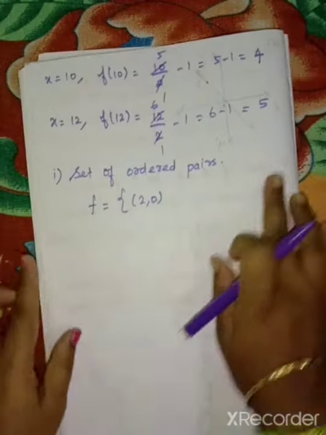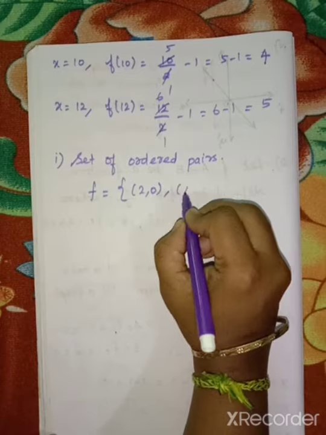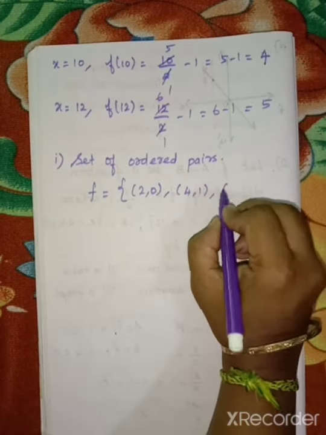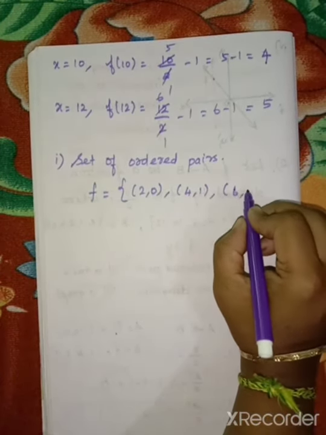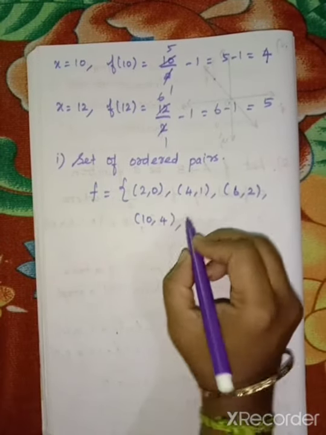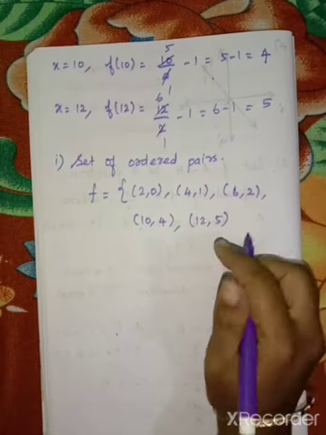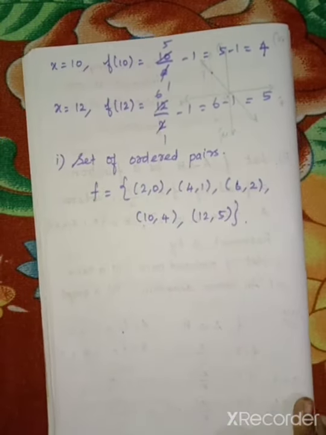You have to write it for f. Open the set bracket. For 2 we found 0, for 4 we found 1, for 6 we found 2. Like that you write the ordered pairs. So (2, 0), (4, 1), (6, 2), (10, 4), (12, 5). Up to that we finished, so close the set bracket.